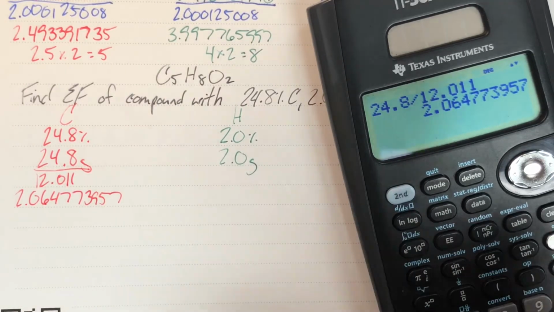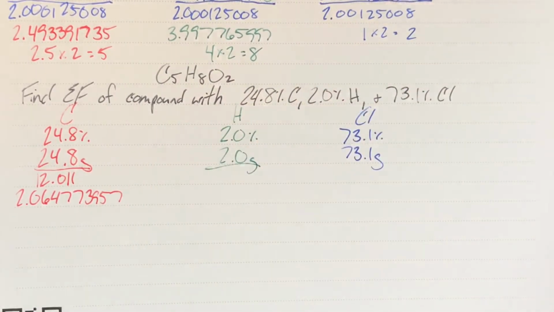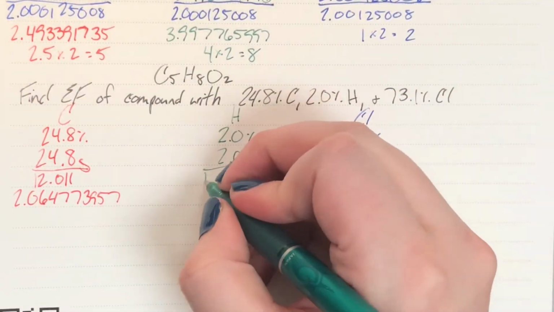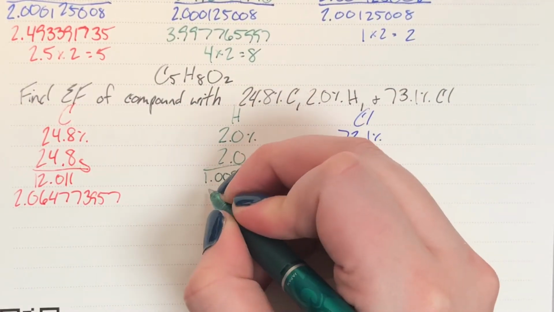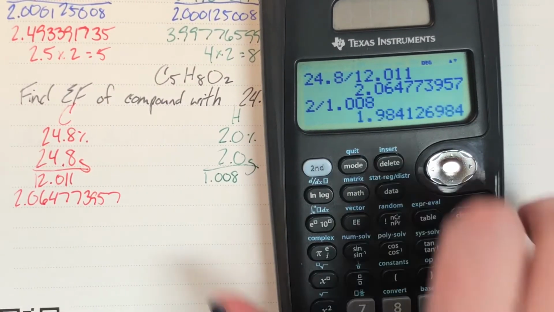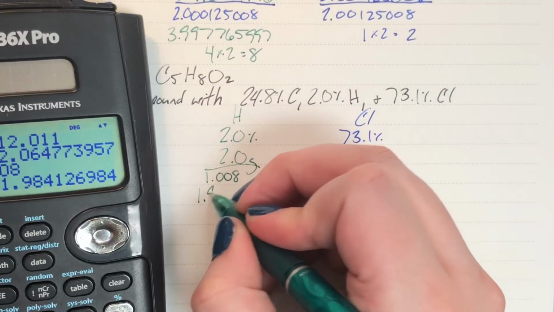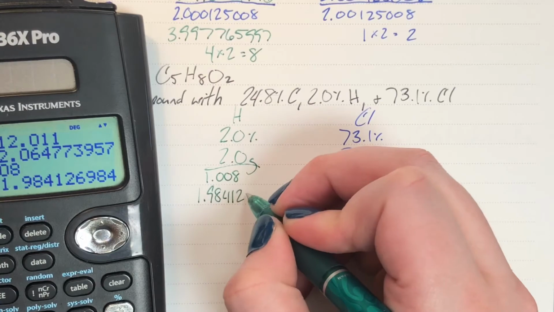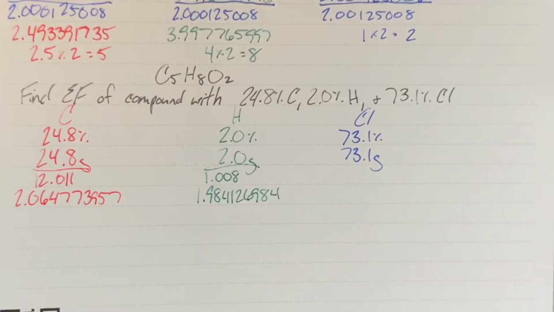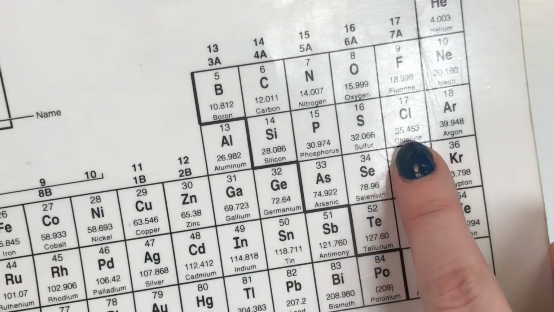Again, this is not the step where we get to decide if we get to round. Hydrogen, we're going to be dividing by 1.008. So 2 divided by 1.008 gets me the number 1.984126984. Chlorine, we are going to be dividing by 35.453.